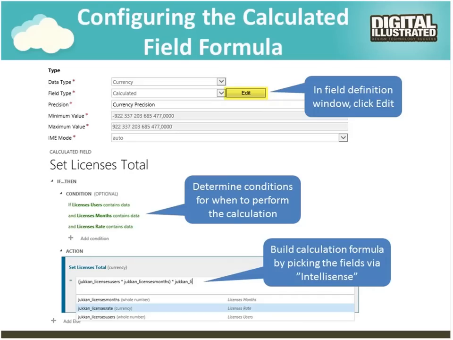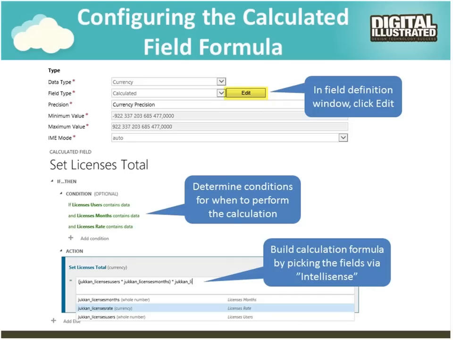So here in this example, I'm saying that this is the licenses total, so all the previous fields, so the number of end users, number of months, and then also the rate of how much the license costs per user per month, all those components need to be filled there. And if that criteria is met, then we are calculating the value for this licenses total field.